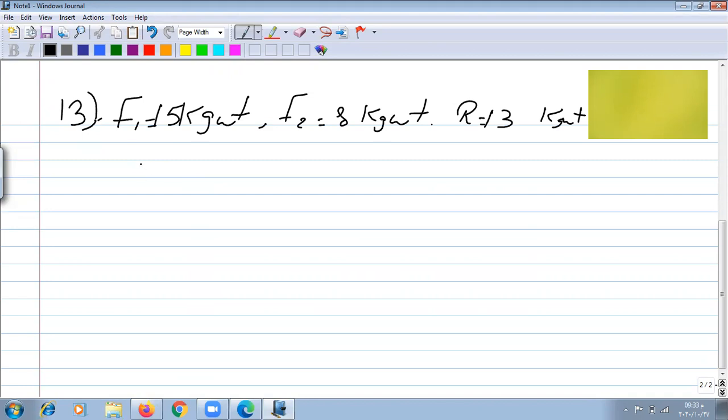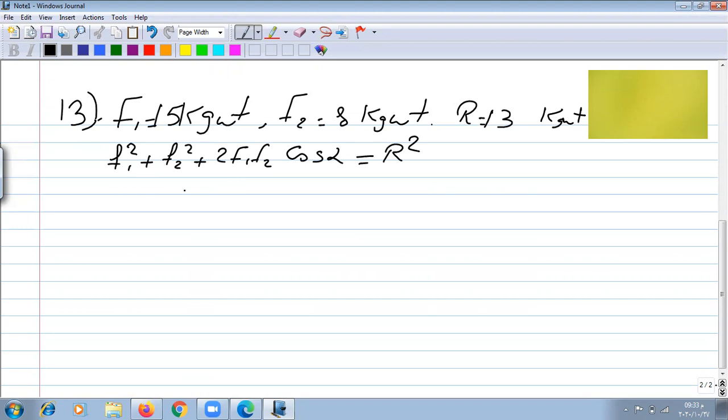I will write the rule as follows: F1 squared plus F2 squared plus 2 F1 F2 cosine alpha equals R squared.